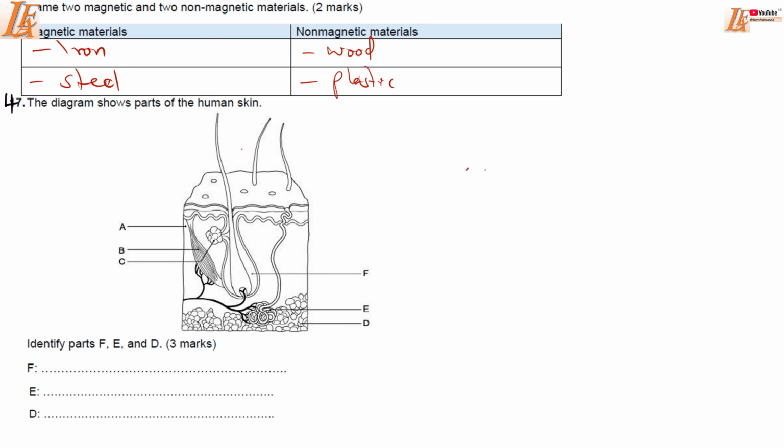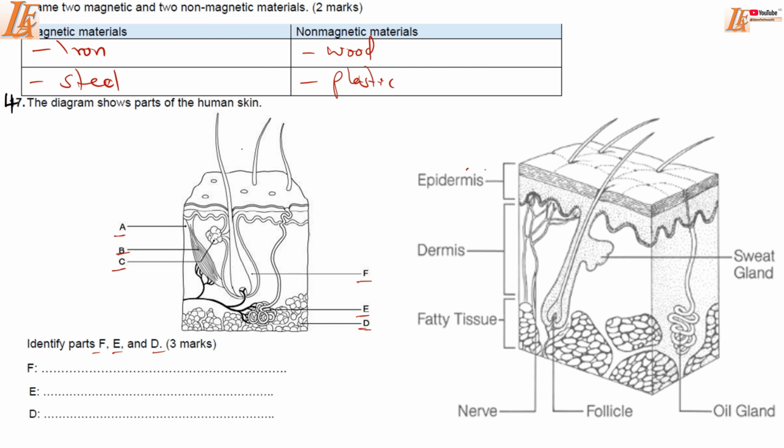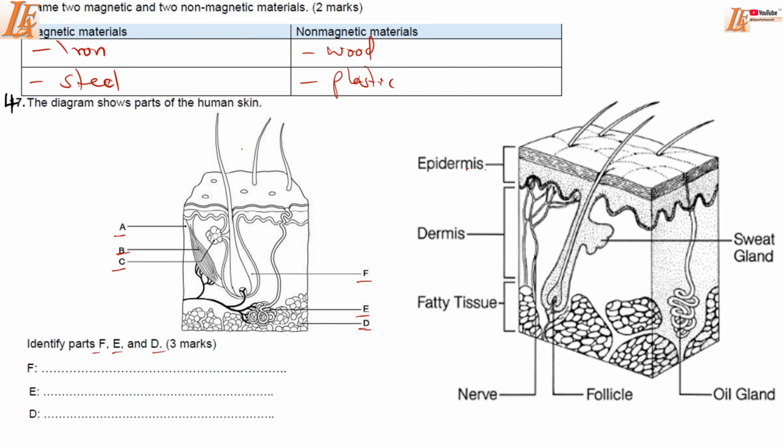Then question 47. The diagram shows part of a human skin, and in this case it's labeled, we have parts labeled A, B, C, we have F, E, and D. Then the question is identify parts F, E, and D. So in this case, the parts labeled F, E, and D, we can equate them to this diagram which is labeled here.